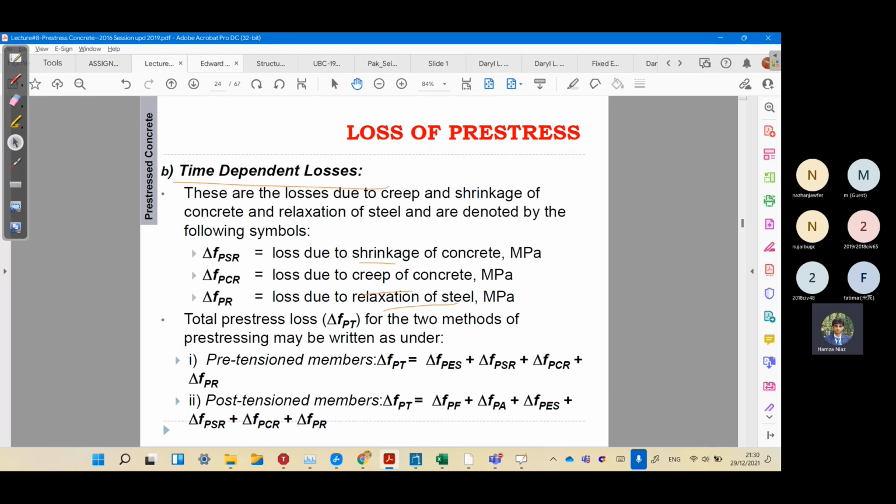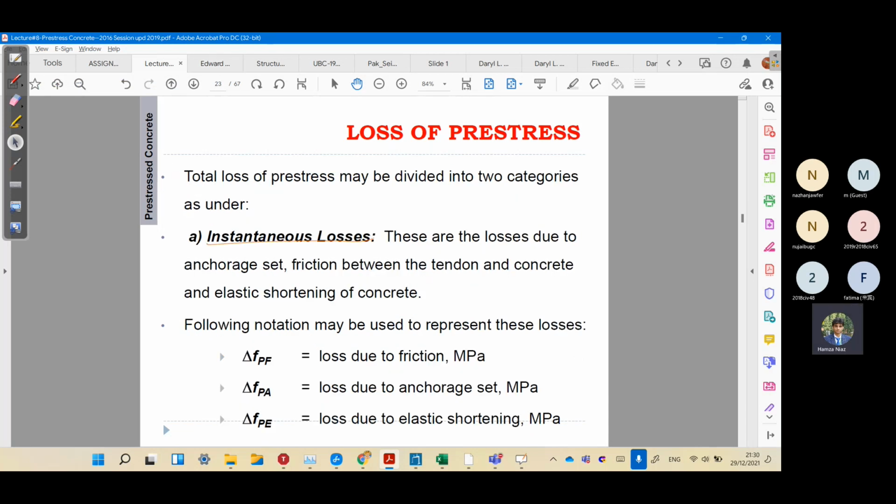Instantaneous losses occur exactly after we release the wire. They are due to loss of friction, where the bond between the concrete and the steel is somewhat lost, due to anchorage, and due to elastic shortening that occurs immediately.